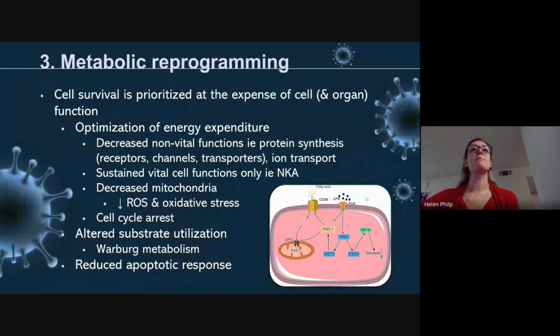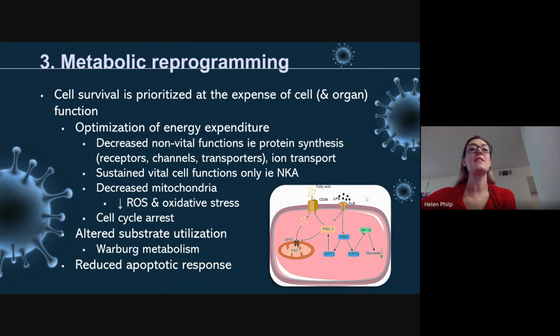And then the third thing is metabolic reprogramming. So the cell really prioritizes its own survival. And so this is why it's thought there's not actually that much necrosis. The cells don't die, they just go on a little bit of a vacation. So they stop producing what they consider non-vital functions.